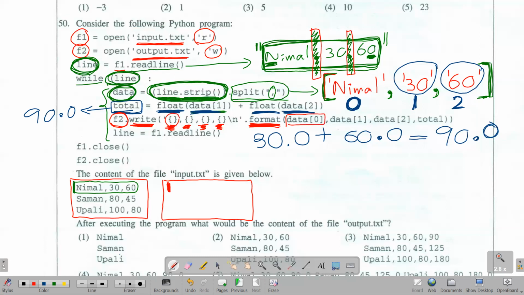Data means this particular list. So data 0 means Nimal. This is data 0, the 0th index of the data list. So that means you are going to have Nimal as the first value of this file.